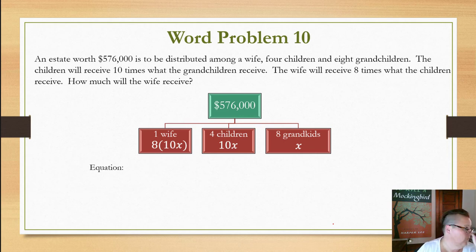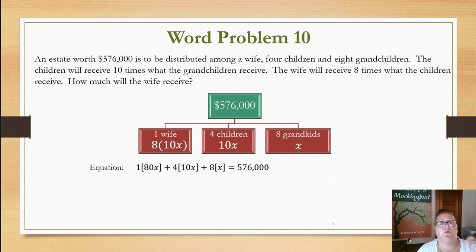So I have one wife at 80X. I have 4 children, each getting 10 times the smallest portion, and I have 8 grandchildren, each getting the smallest portion. This gives me 1 times 80X, plus 4 times 10X, plus 8 times X, or 80X plus 40X plus 8X is equal to 576,000.